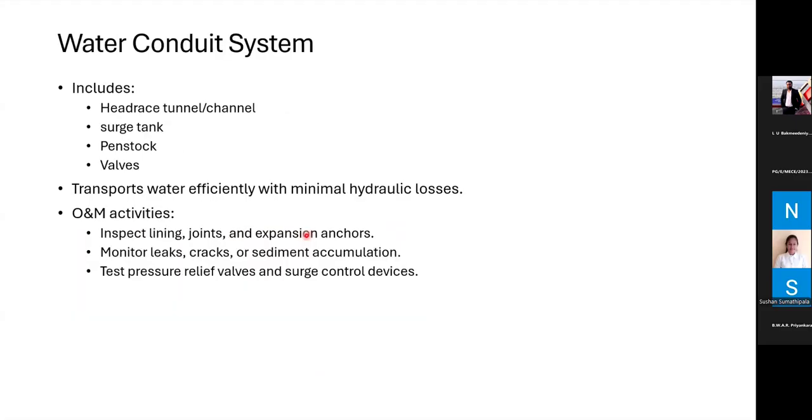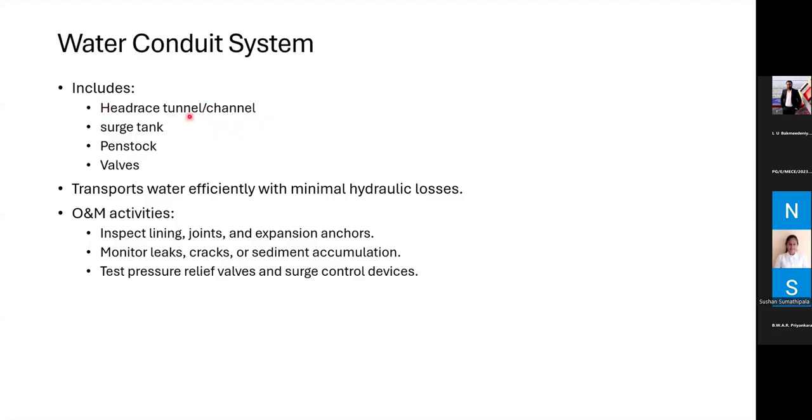Then we go down the tunnel to the water conduit system. This includes the headrace tunnel or the channel. Most of the channels are used quite minimally in the Sri Lankan context, mainly in mini hydropower schemes.